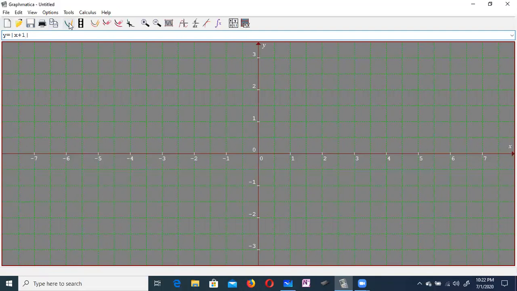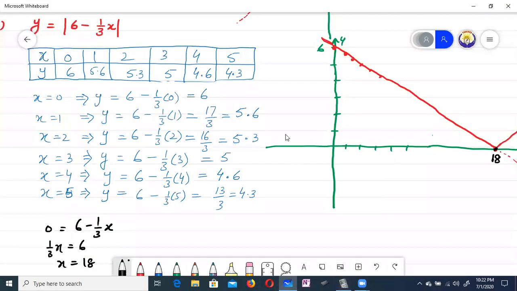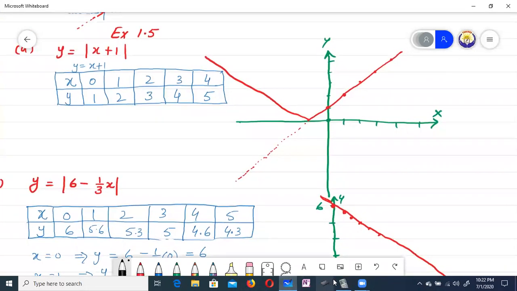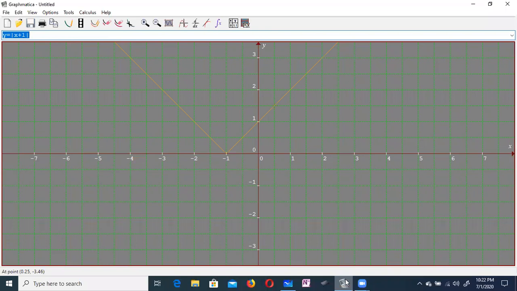Its graph is this one. This graph and this graph, you can see both are similar. This one, this one.